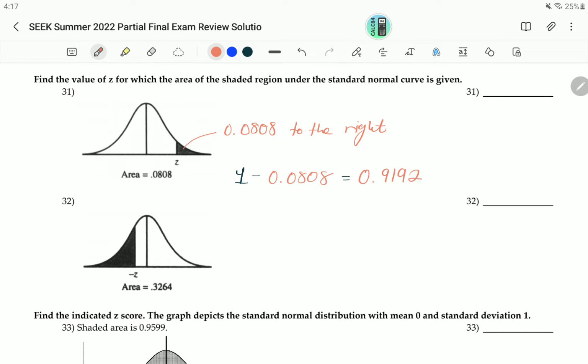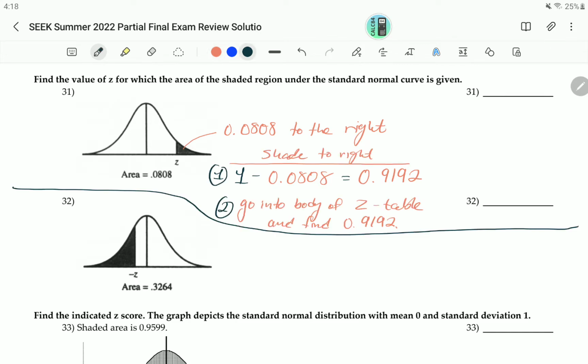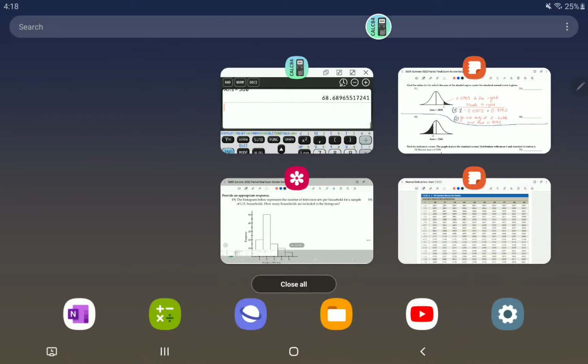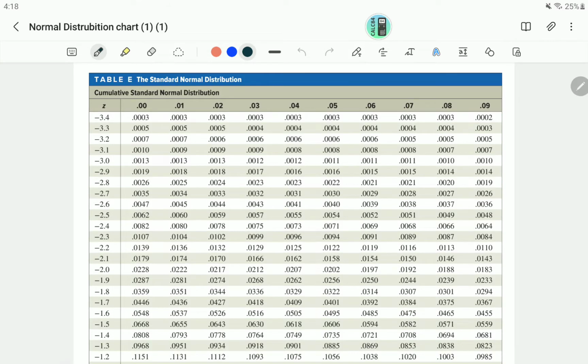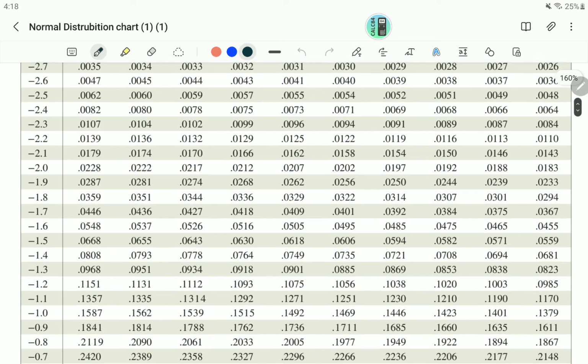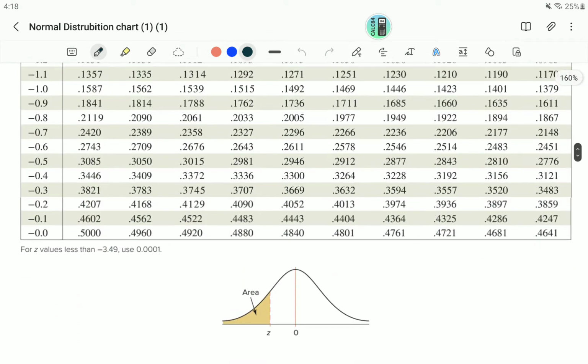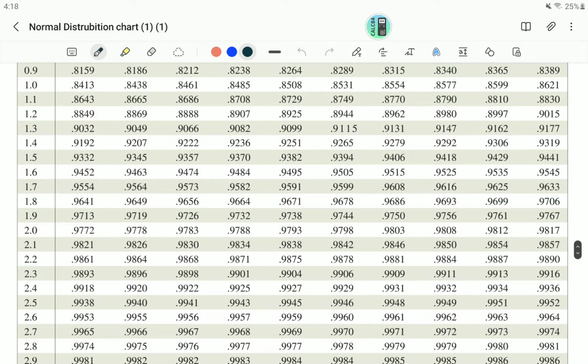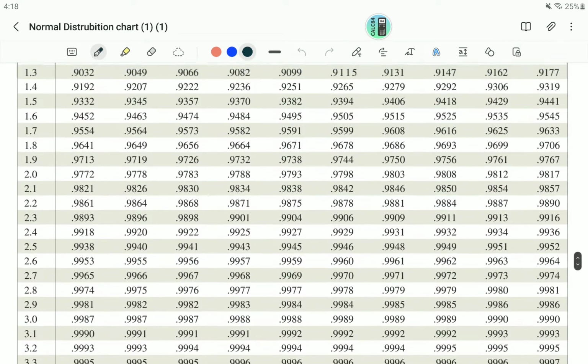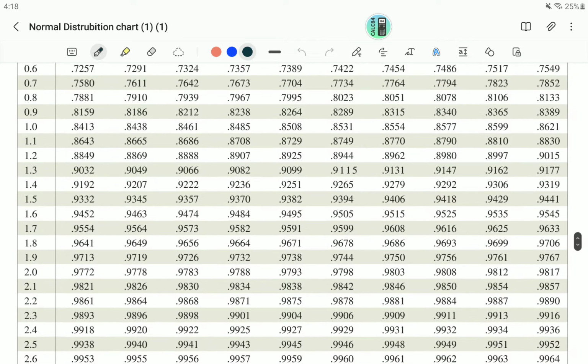Now we're going to go into the body of the z table. Let's write it down, actually. Go into the body of the z table and find 0.9192. So let's go ahead and do that. Okay. These numbers are too small. Let's go to the other side. 0.9192. Oh, found it right here.